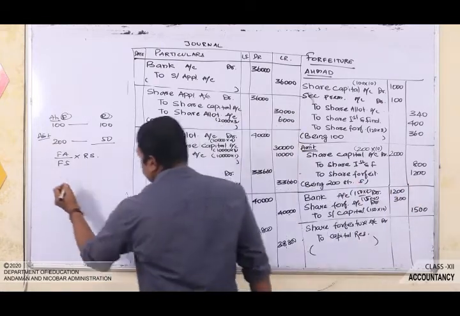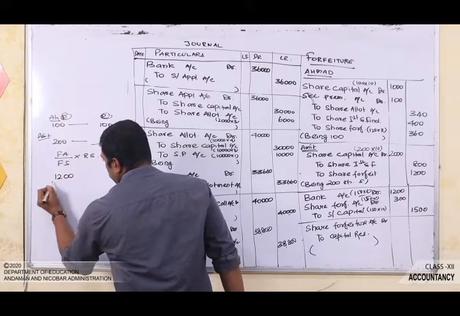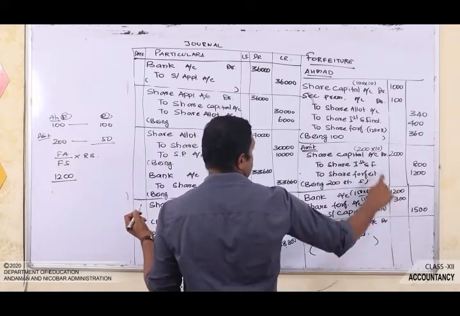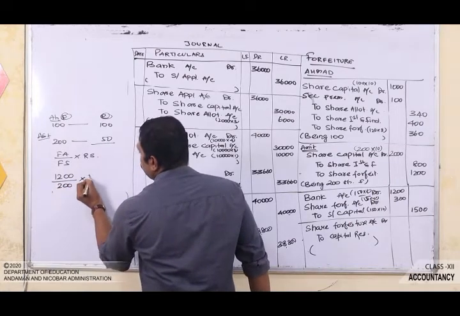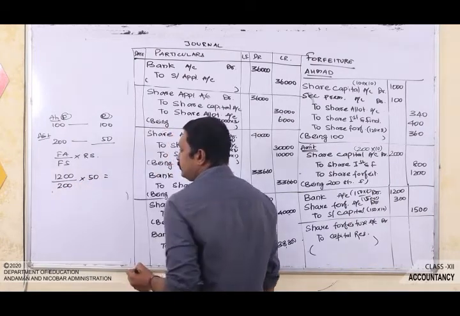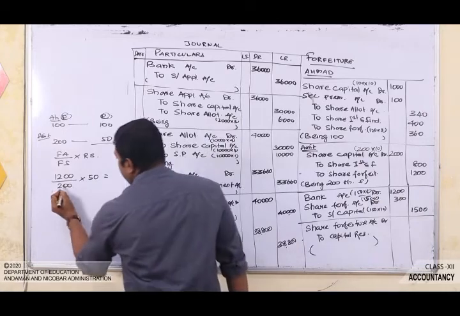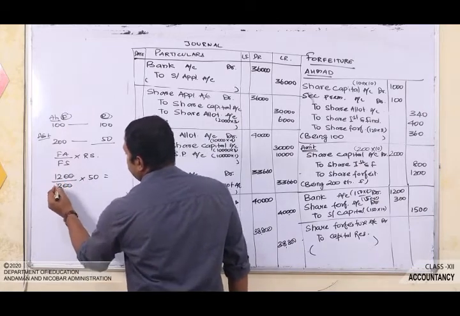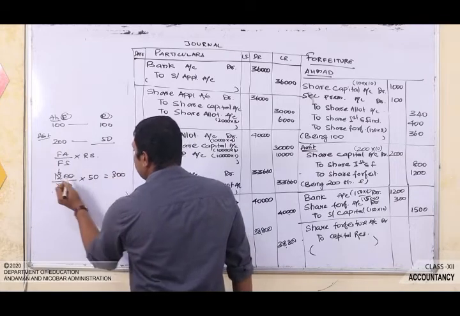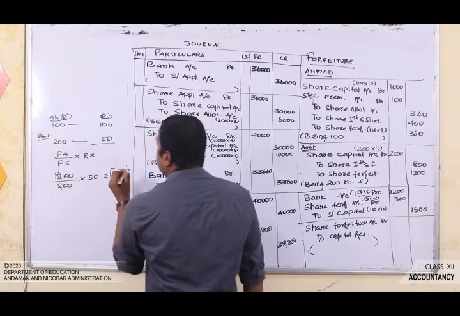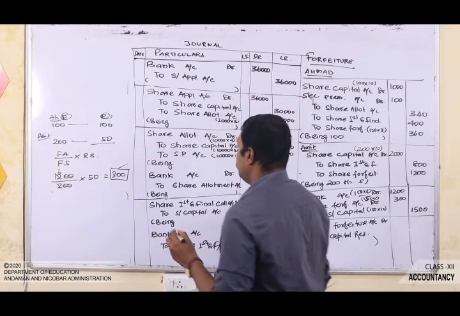It is 1,200. 1,200 divided by forfeited shares 200, and reissued shares is 50. Okay, cut it. That is 300. So you have to write 300.